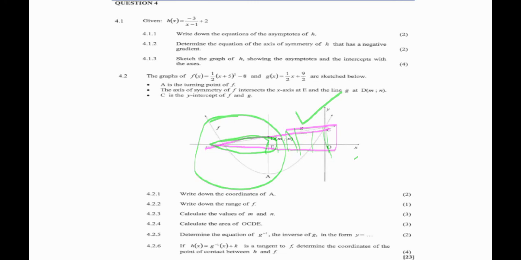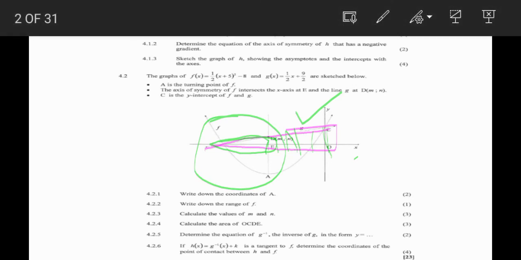Then 4.2.5 says determine the equation of g inverse, the inverse of g, in the form of y. So let's check now. We must calculate the inverse.